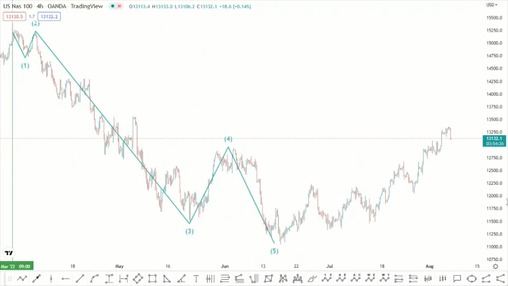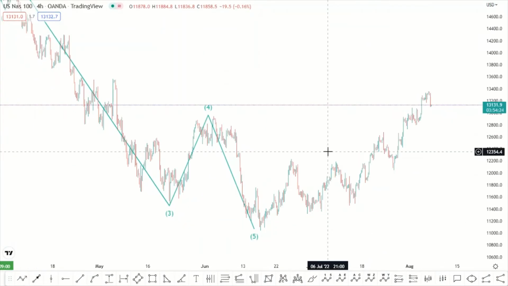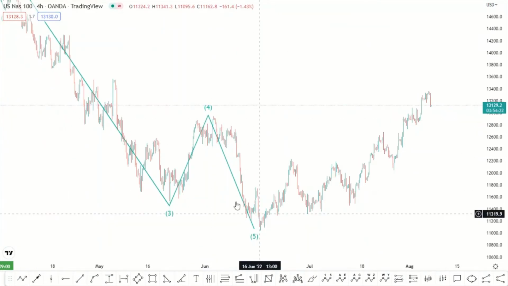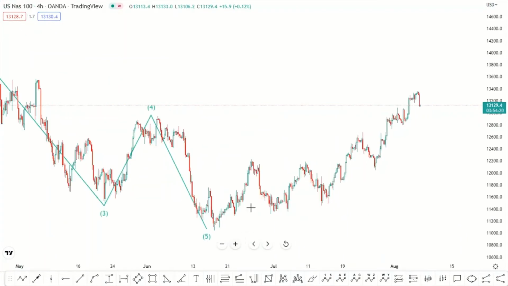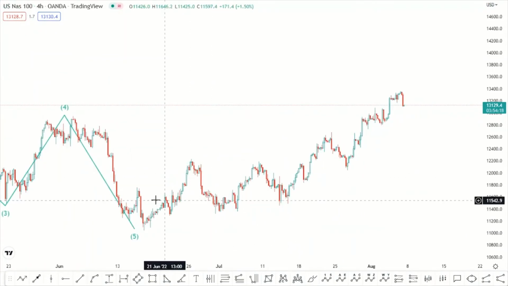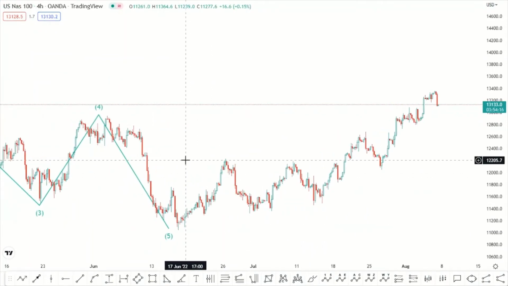So I think it is getting clear why this ABC over here did not hold, because remember that the higher degree holds more value than the lower degree waves.